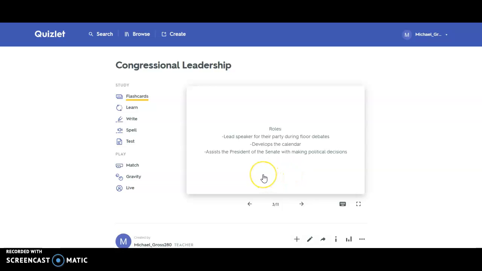And then they also assist the president of the Senate with making political decisions. So they're a higher ranking member in Congress, especially in the Senate. So they will work with the other higher-ups, like the president of the Senate, to help make political decisions and figure out the direction of the party.